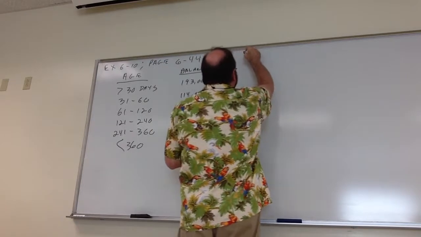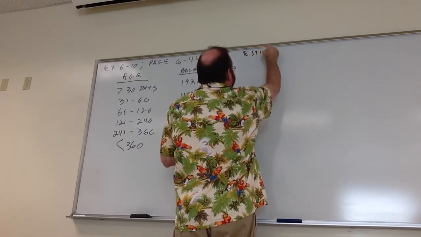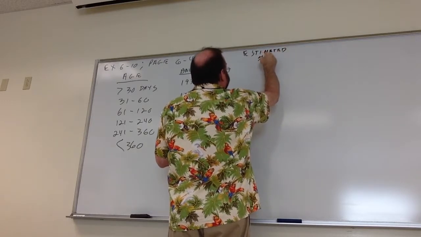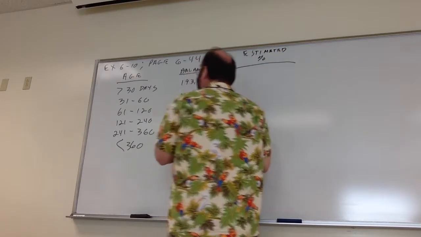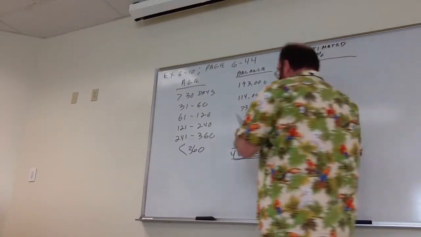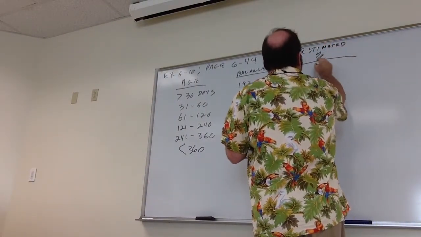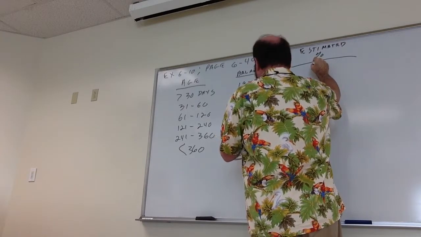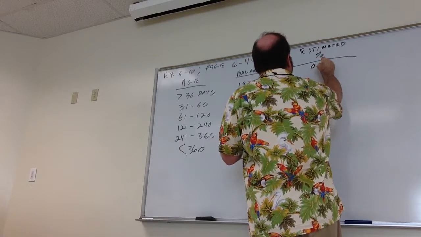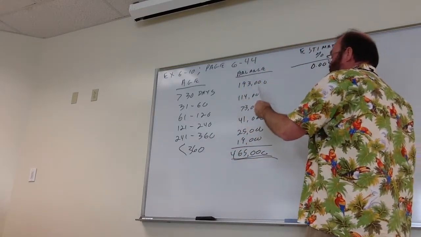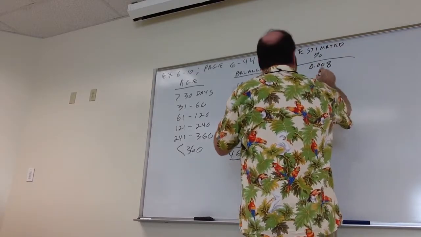So then you have your estimated percentage. For the accounts that are current, less than 30 days, you estimate 1/8 of 1%, so 0.008. For the 31 to 60, it jumps up to 2%.